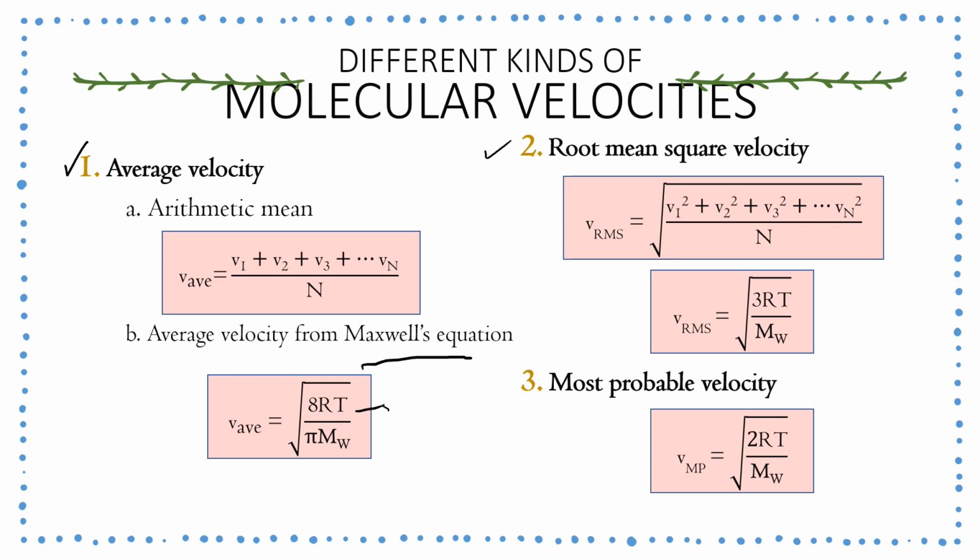So, ang variable lang natin dito is temperature, molecular weight, and velocity. Okay. So, we also have our most probable velocity. So, these are other kinds of velocities that will describe the particles, okay, inside the container.